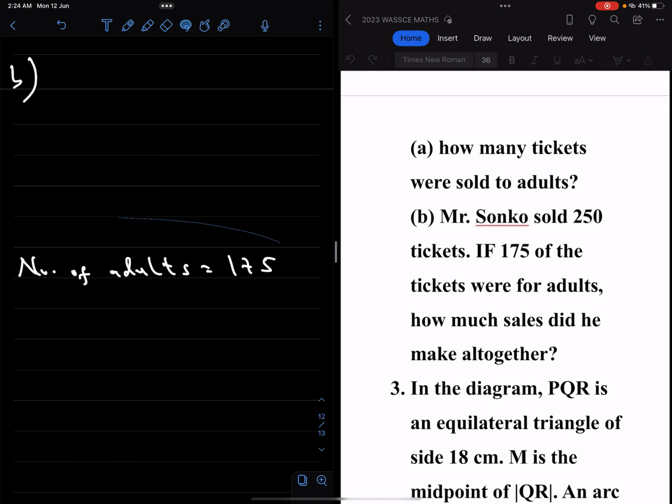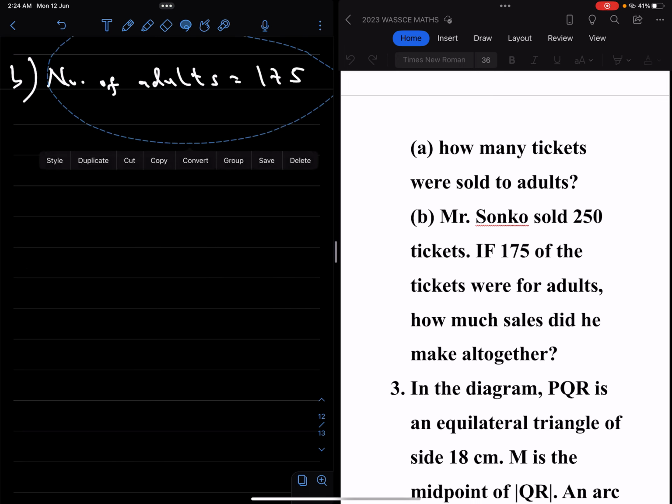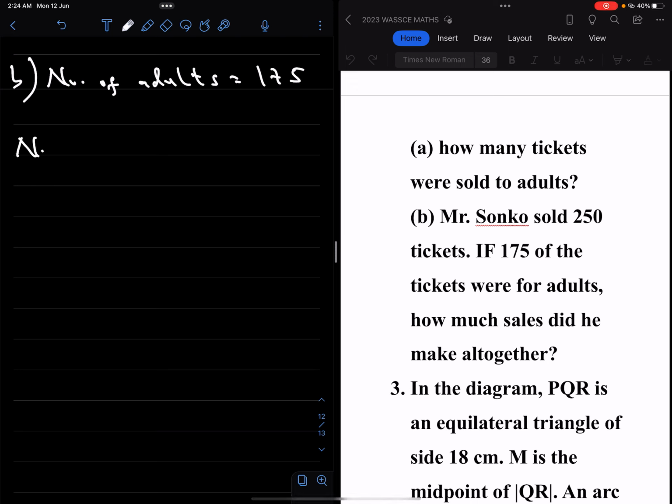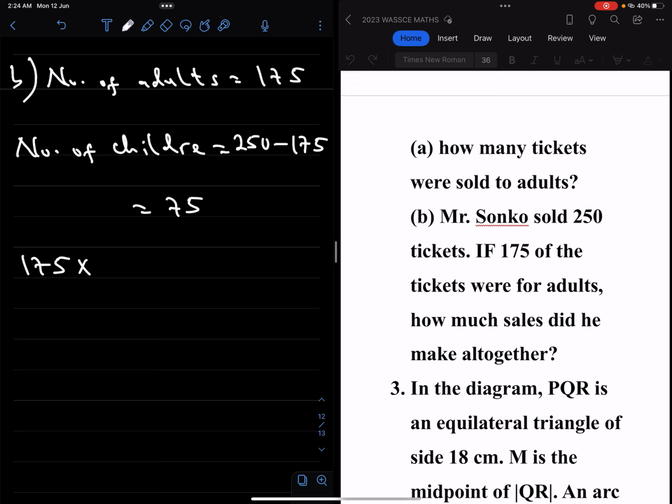So number of children will be 250 minus 175, and that's 75. So the total amount he made is going to be 175 adults, that's 175 times the cost of ticket for one adult, which is 5, plus the cost of ticket for one child, which is 3.